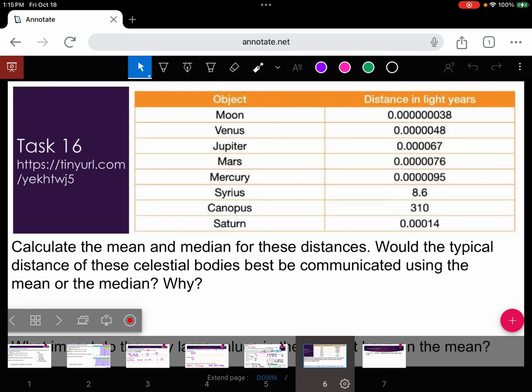All right, so looking at this data set, this is how far in light years these particular objects are from the planet in general. So we want to calculate the mean and the median for these.